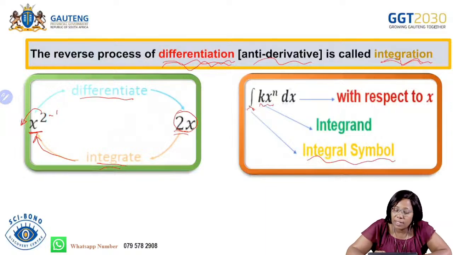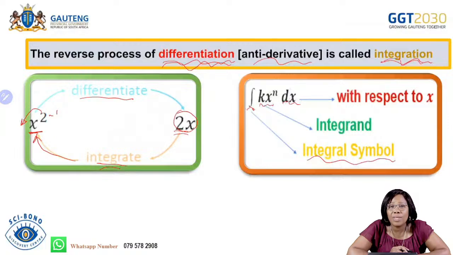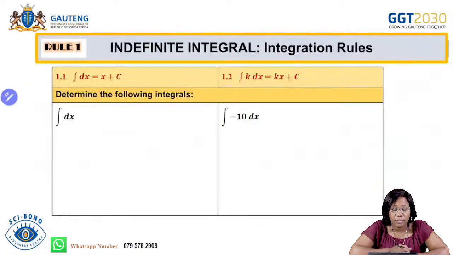And the dx there means that we are integrating with respect to x. That is an integral symbol, that is an integrand, that is with respect to x. I hope now you understand the language that we will be using throughout this presentation.